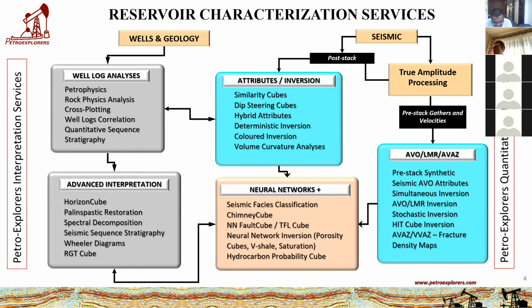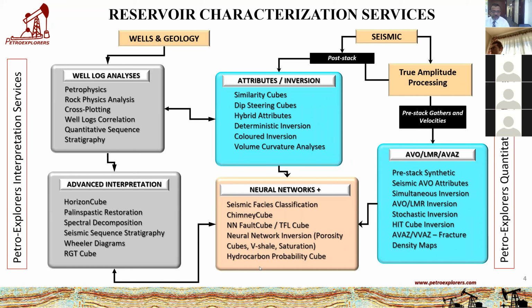As we start every talk by promoting ourselves, what we do is reservoir characterization services, which come from quantitative and qualitative services, combining interpretation and quantitative work, coming from the pre-stack side to the post-stack side.